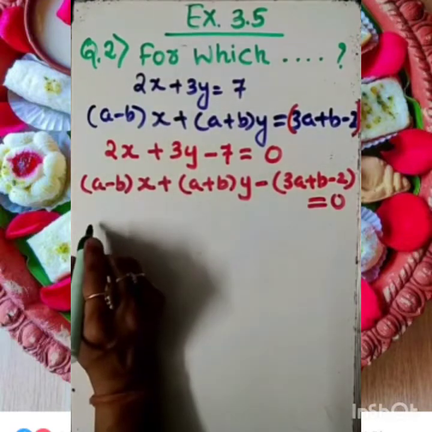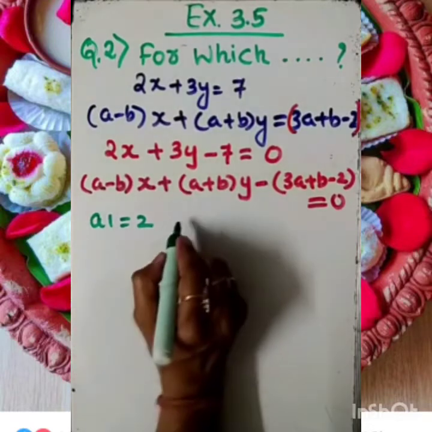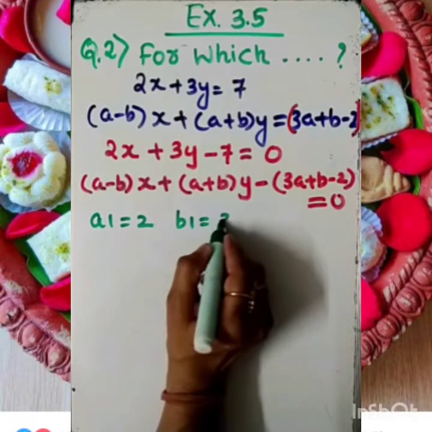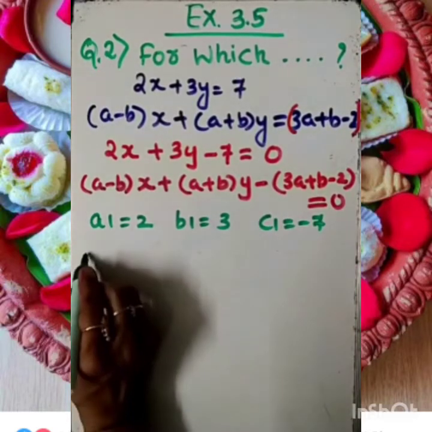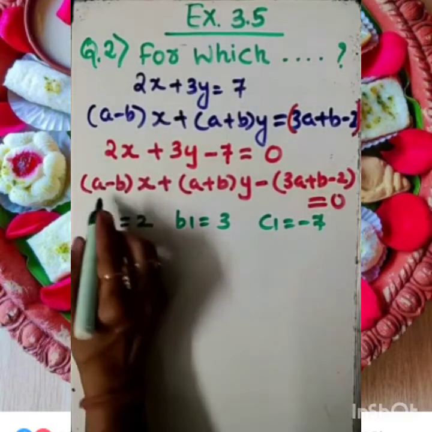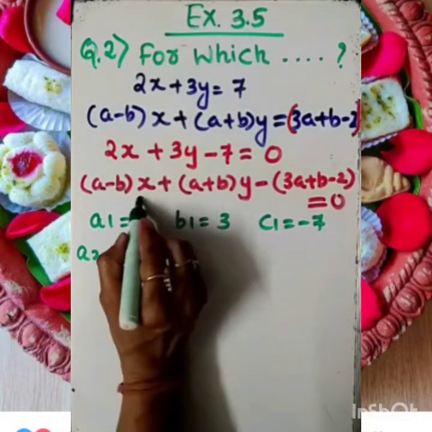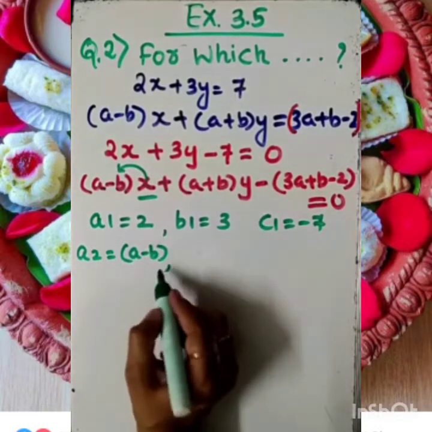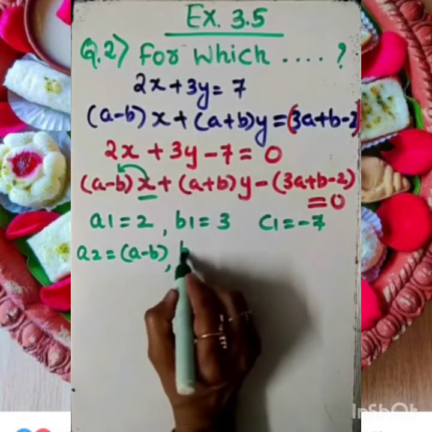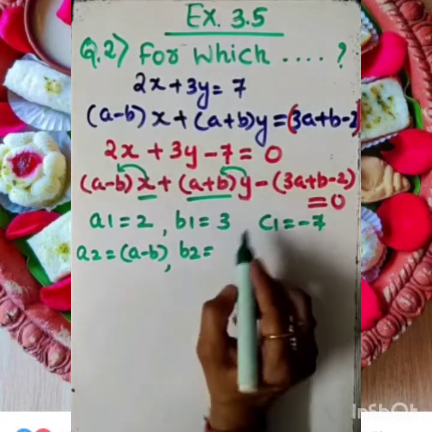So if I ask you to compare, then of course a1 will be 2, b1 will be 3 and c1 will be minus 7. Fine. Same way, what will be a2? a2 is the coefficient of x here, that is a minus b. Same way, b2 is the coefficient of y, that is a plus b.